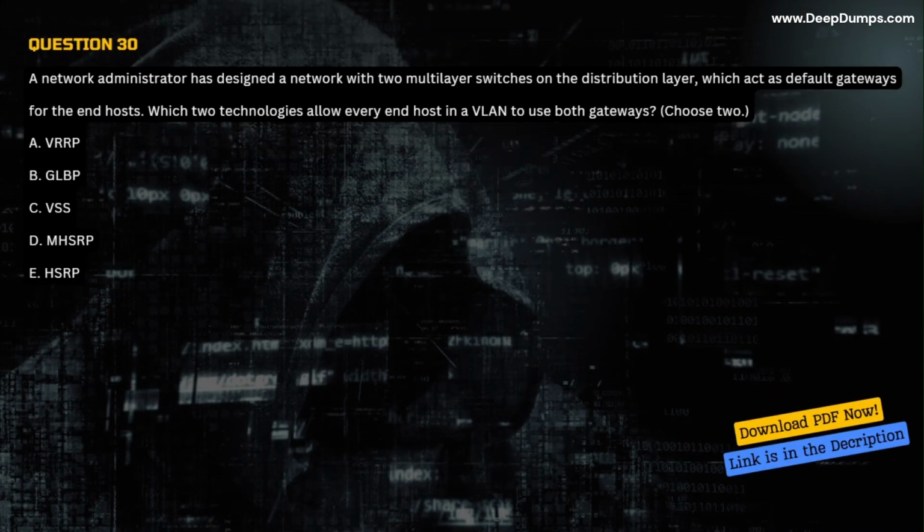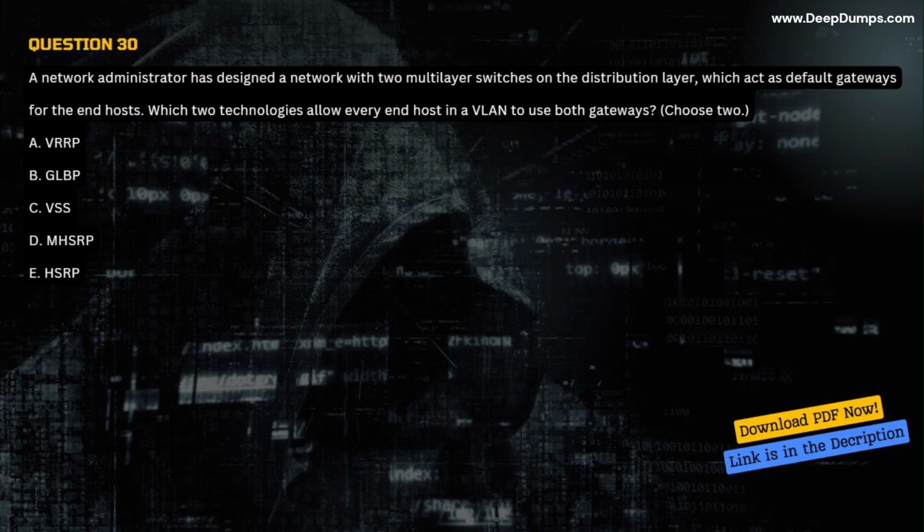Question 30. A network administrator has designed a network with two multilayer switches on the distribution layer, which act as default gateways for the end hosts. Which two technologies allow every end host in a VLAN to use both gateways? Choose two. A. VRRP. B. GLBP.